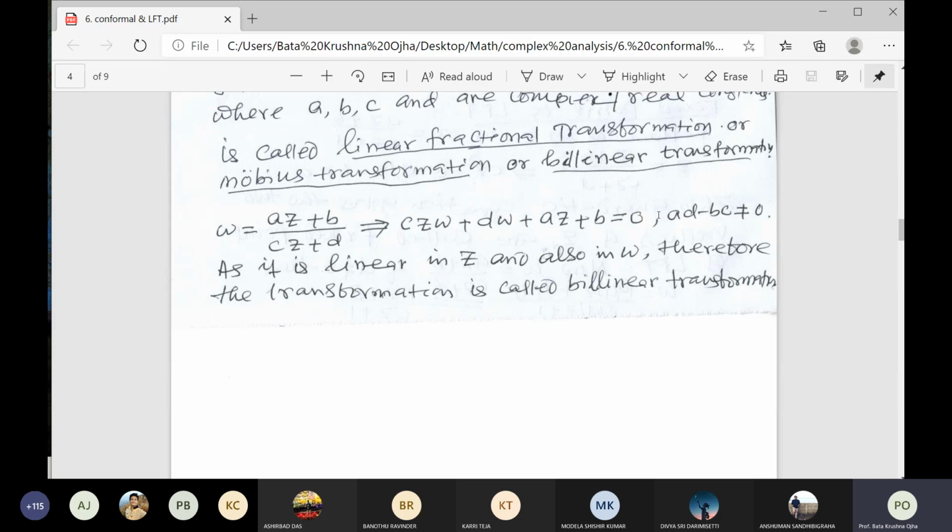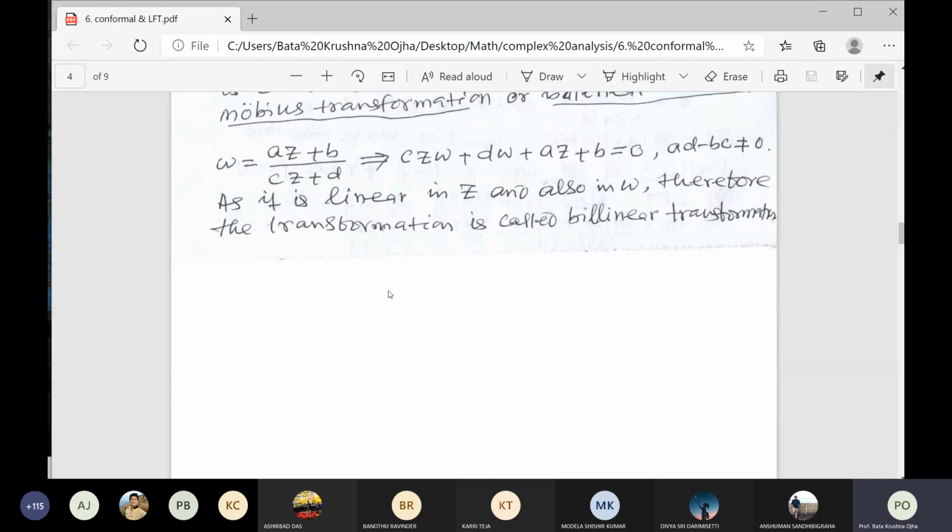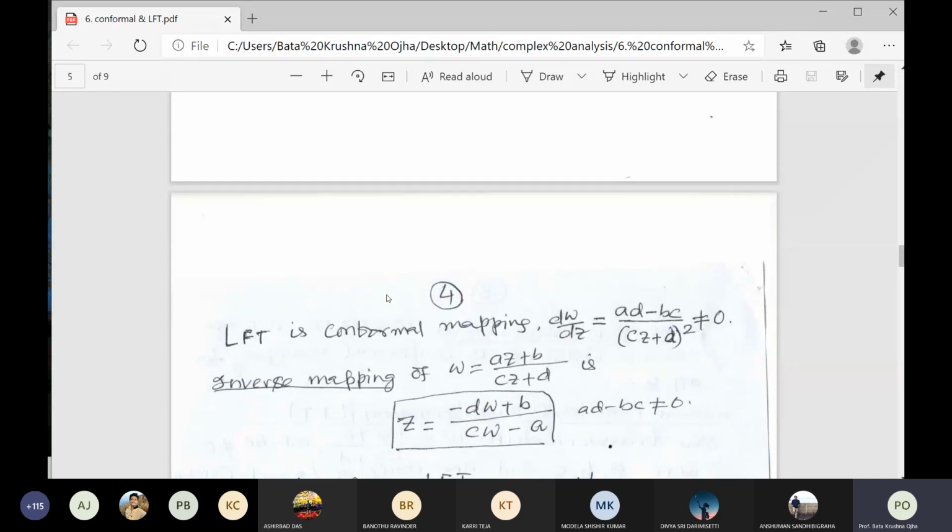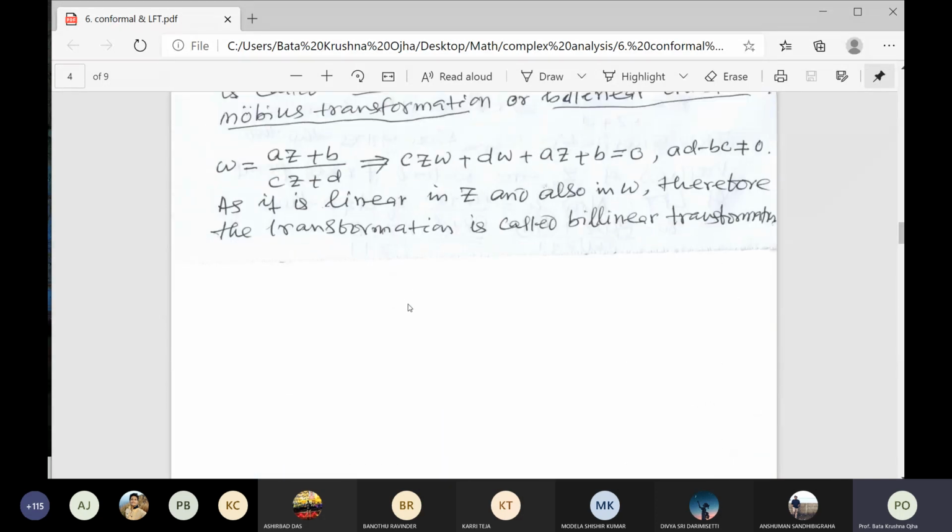But the condition ad minus bc not equal to 0 must be satisfied. All right. So this transformation is very important, and you will get questions from here. This bilinear transformation is always conformal.